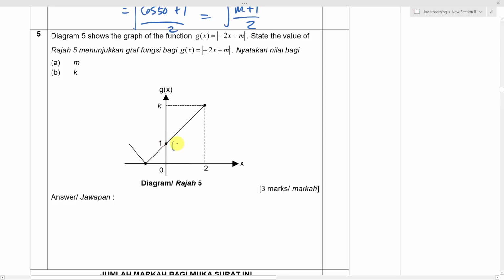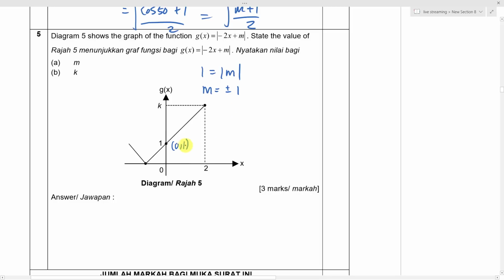At least we have this coordinate, which is (0, 1). So I will substitute the (0, 1) into the equation, which is y = g(x) equals 1 and x equals 0. So I have negative modulus m, and the modulus basically tells me it is plus minus 1. Therefore my m basically gets plus minus 1.